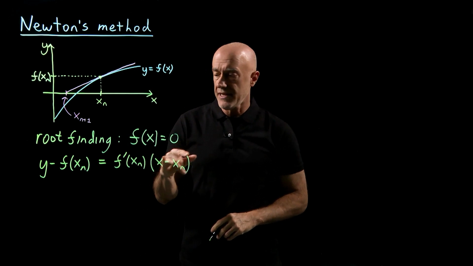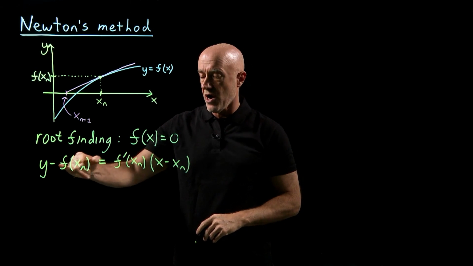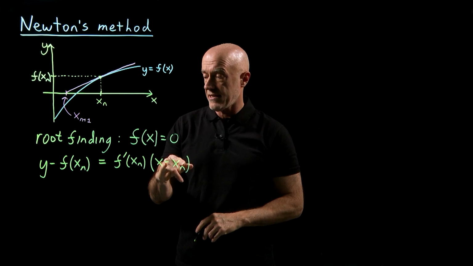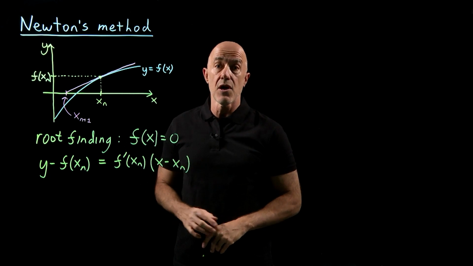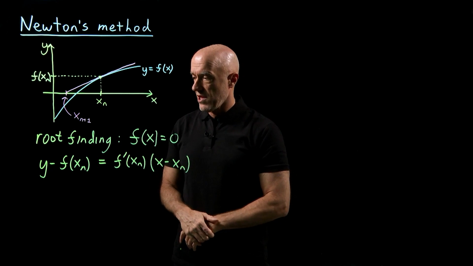This is just the simple equation of delta y divided by delta x equal to the slope, the equation for the line.